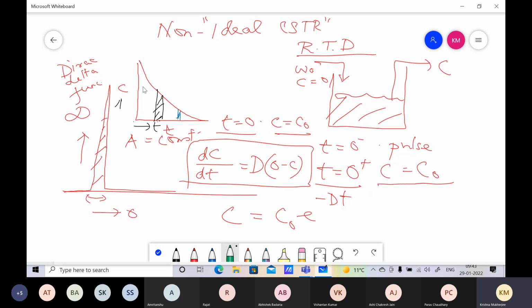The fraction of particles which reside for almost 0 time is this area, which tells you that in a CSTR the largest amount of particles reside for 0 time, because there is no history. All particles have equal probability of going out, and therefore you have this exponential function which describes the RTD of a CSTR.